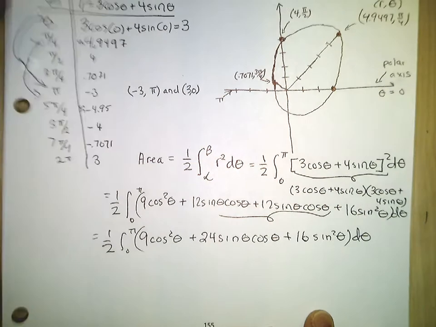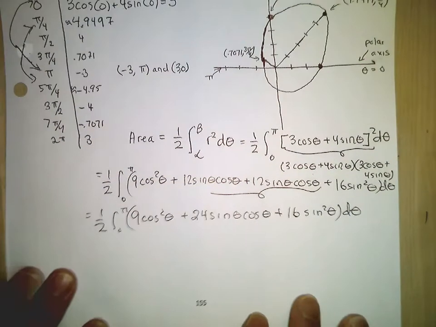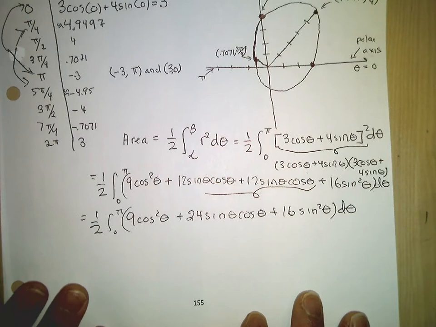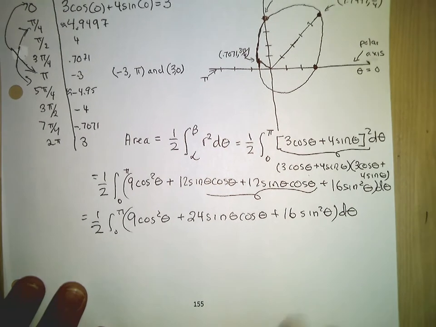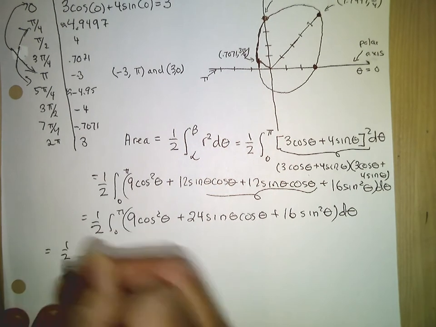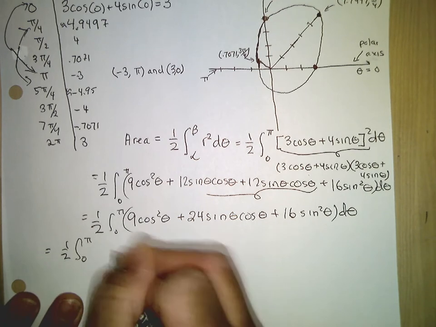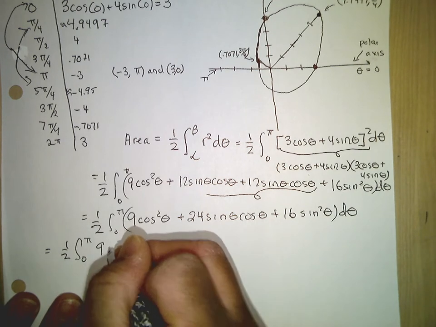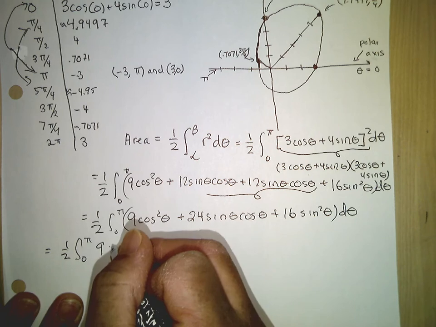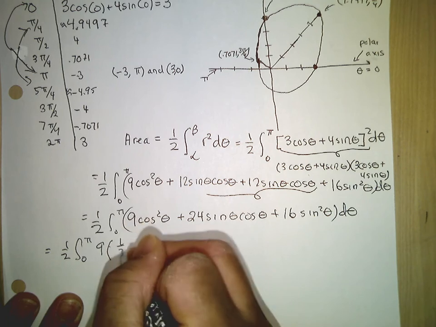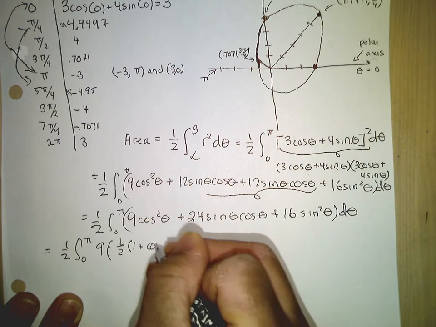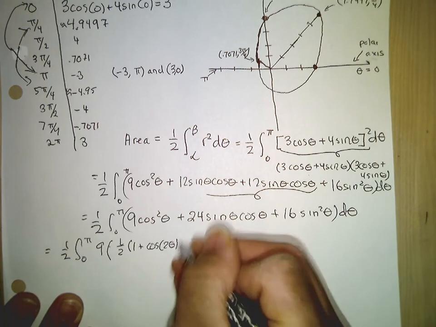Now we need to use the trig identities to figure this out here. So we have 1/2 integral from 0 to pi, and I'll rewrite cosine squared theta as 1/2 times 1 plus cosine of 2 theta.